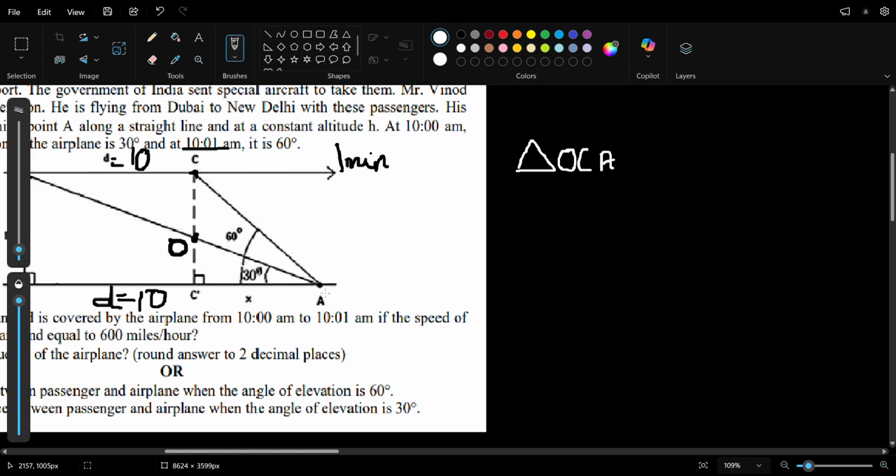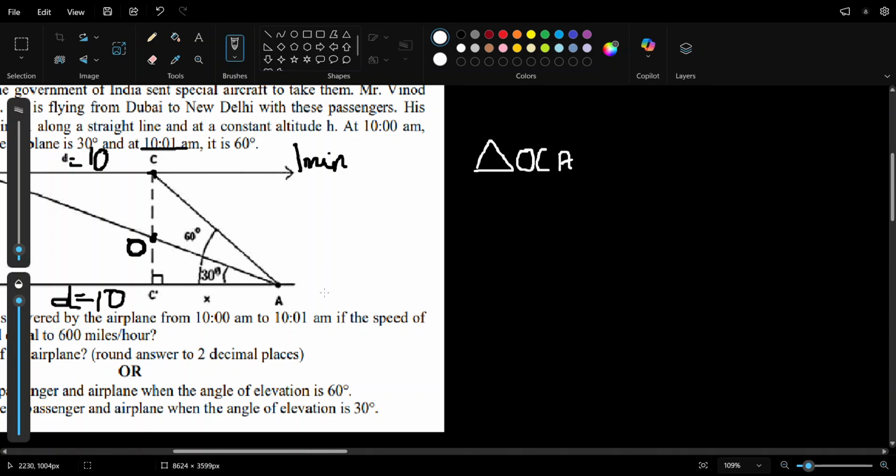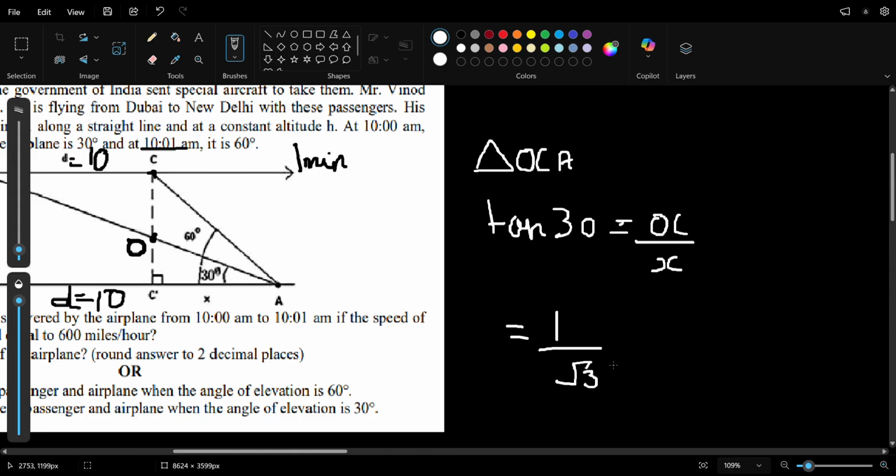In order to find x, we can use the opposite and adjacent, which means we can use tan 30 is equal to opposite, which is OC, by x. Now we know tan 30 is 1 by root 3, which is equal to OC by x.